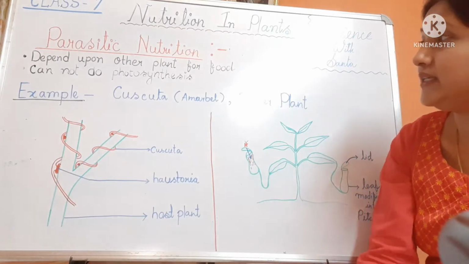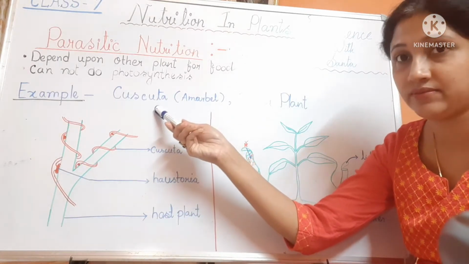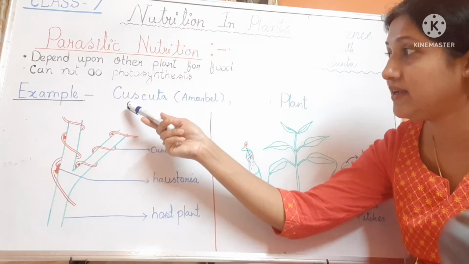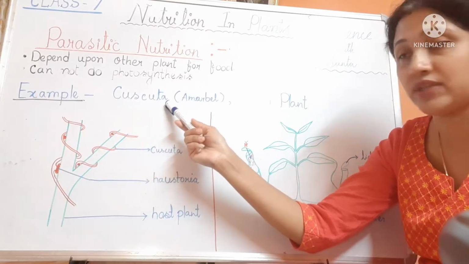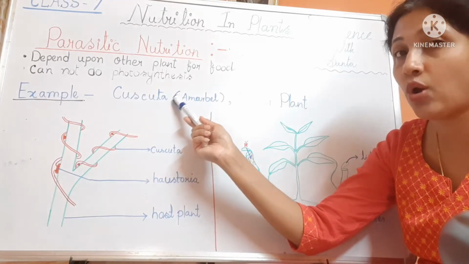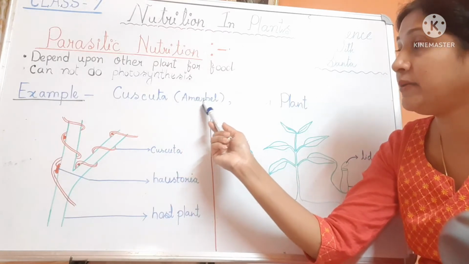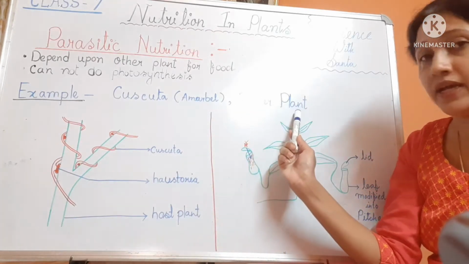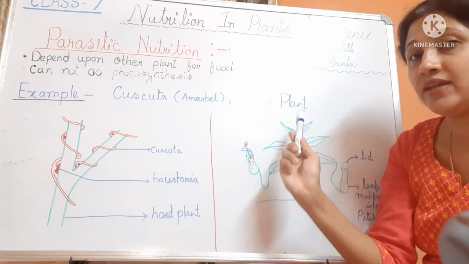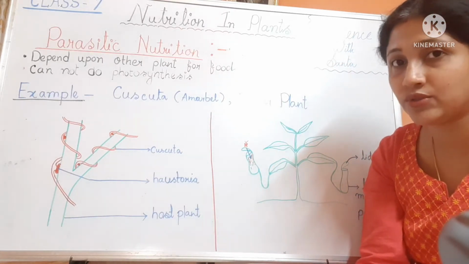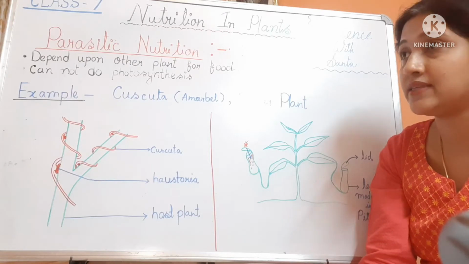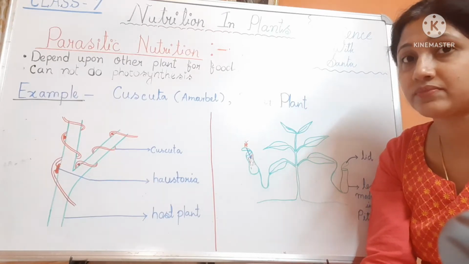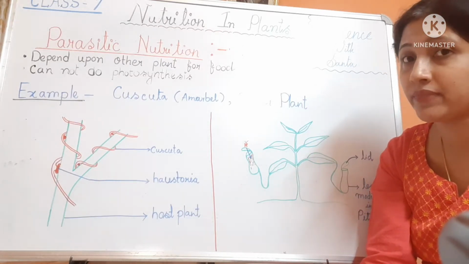For example, Cuscuta, whose common name is Amarbel, and Pitcher plant. There are other examples also, such as Sundew.